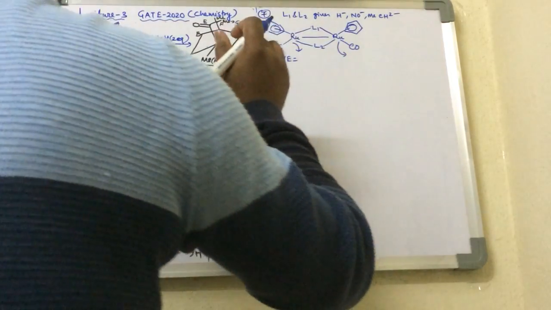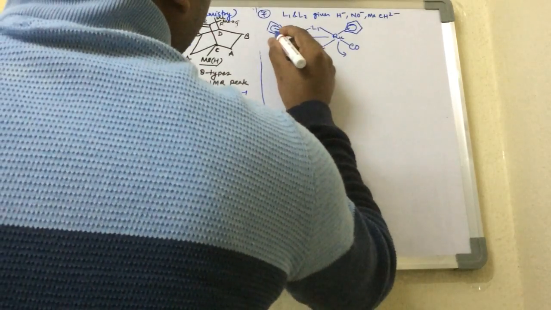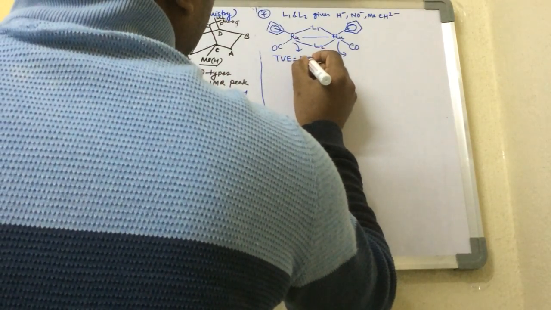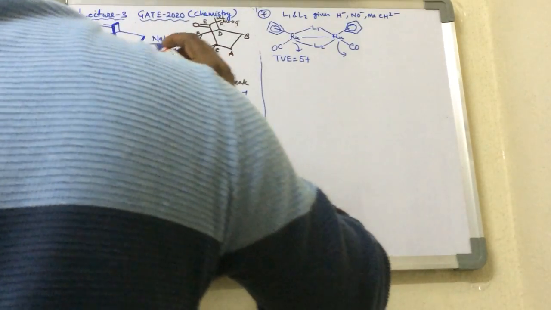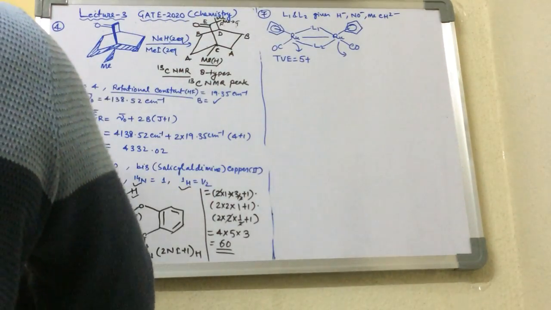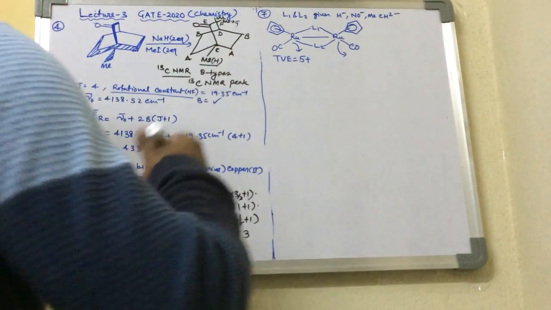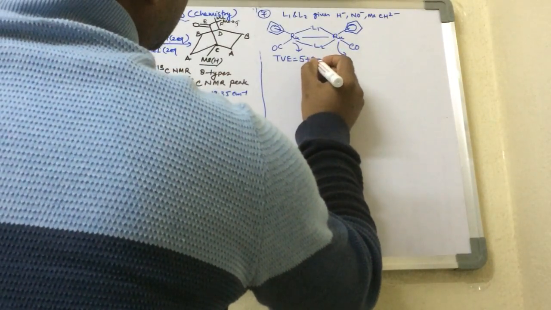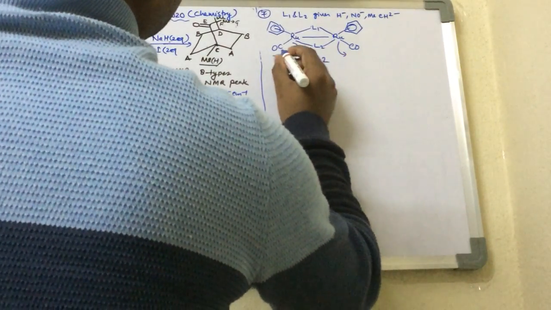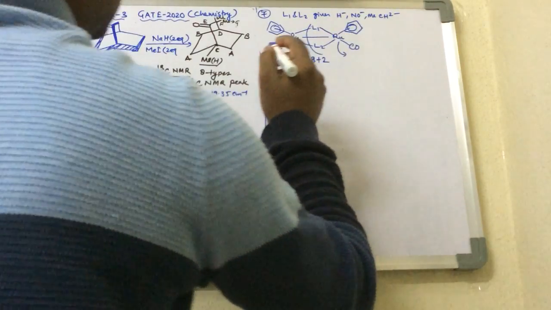So this 5-member ring contributes 5 electrons, plus ruthenium contributes how much? Ruthenium contributes 8, and carbonyl contributes 2.